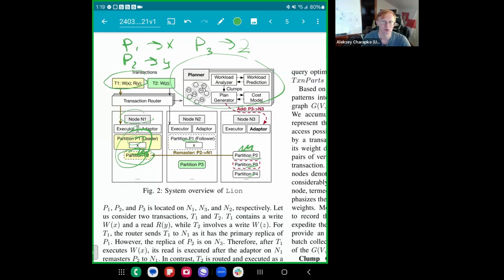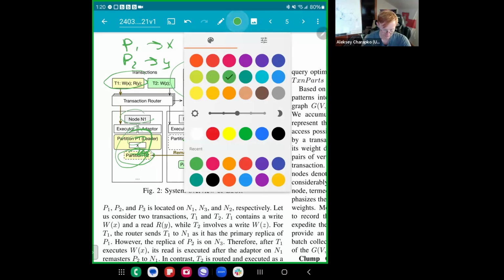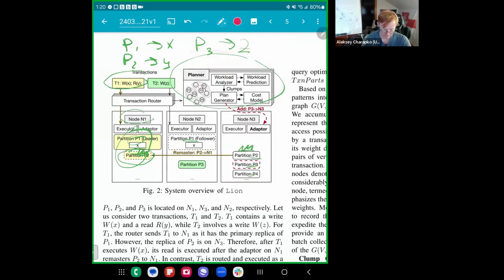So they don't do the migration; they will run the two-phase commit, right? And then just run this as a distributed transaction, but they will record this information that, hey, we ran a particular transaction that accessed, let's say, partitions 1 and 4. Yeah, so if we have a transaction that tries to access partitions 1 and 3, maybe some transaction T. Let me erase some of that stuff.